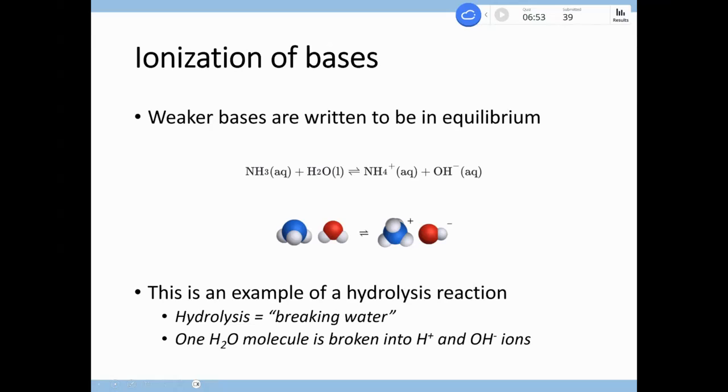Then water is producing the OH-, but since NH3 took the hydrogen from H2O and became NH4, that makes NH3 the base. Because of NH3 being there, we can have the OH-. And this particular example is an example of a hydrolysis reaction, which is breaking water. One H2O molecule is broken into the OH- and the H+.